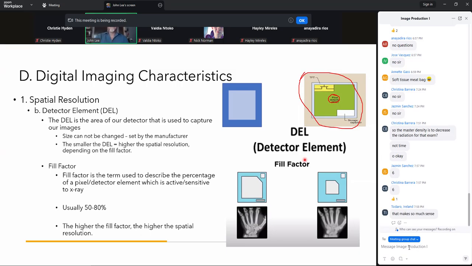Okay. Fill factor is used to describe the detective ability of these elements. All right.